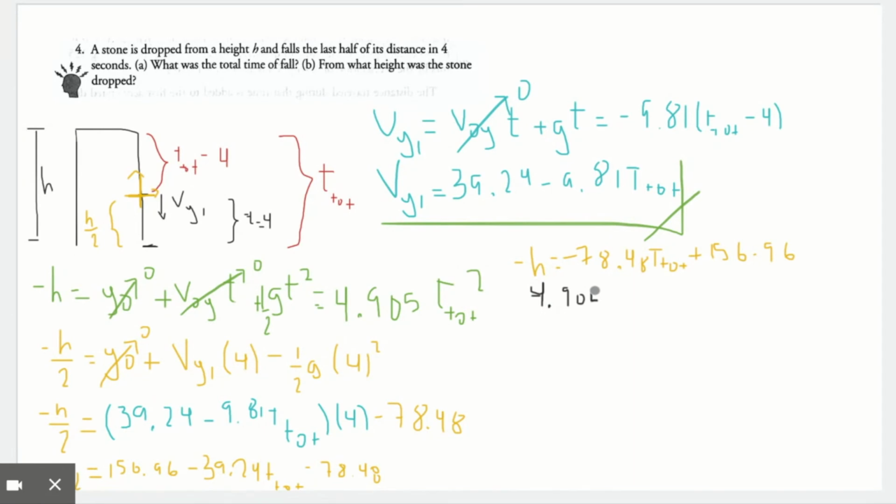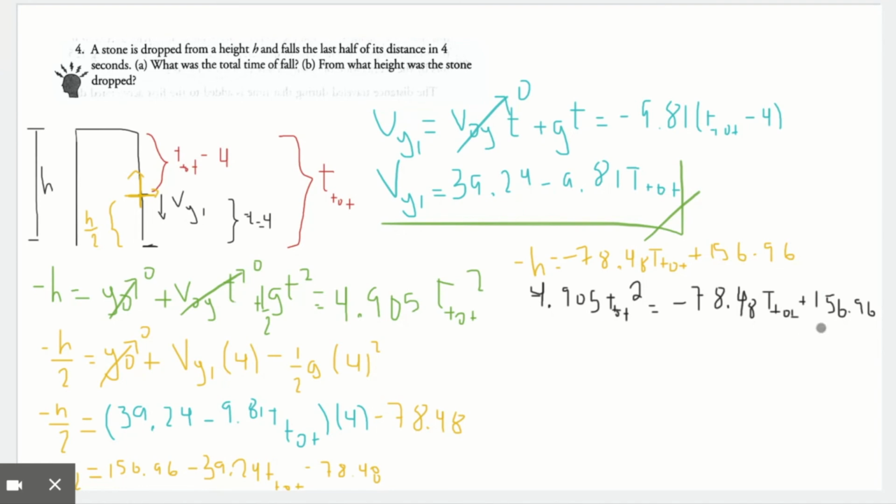So we can say that 4.905 t tot squared equals minus 78.48 t tot plus 156.96.